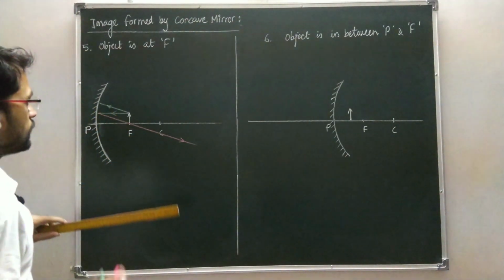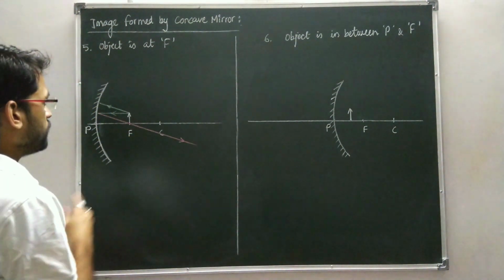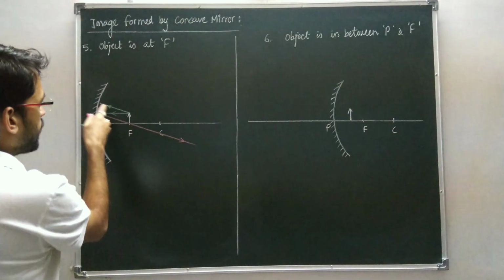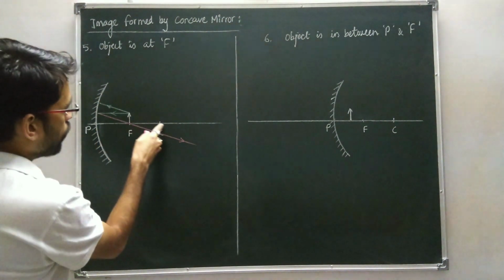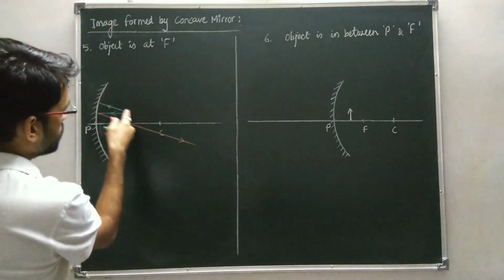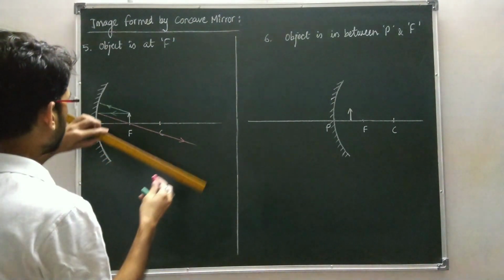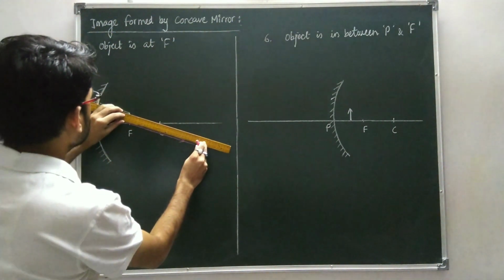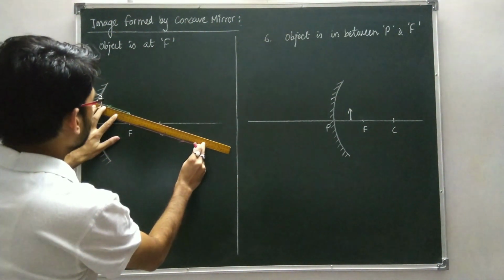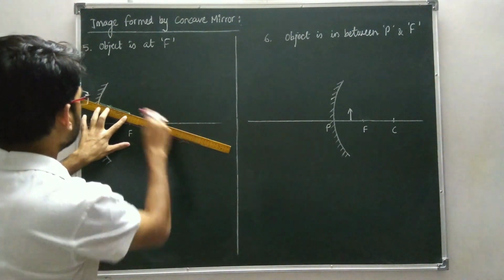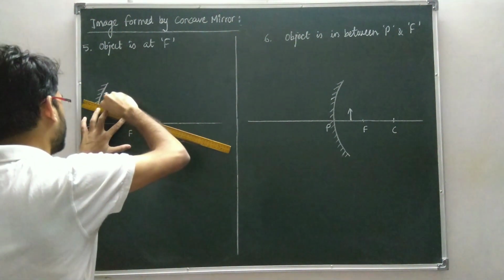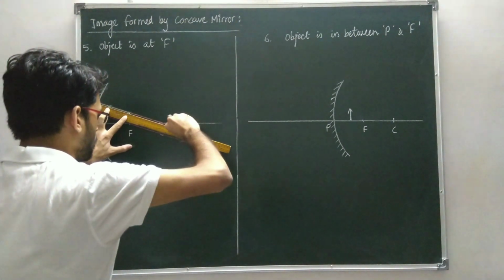Now the second reflected ray corresponding to the second incident ray, which is along the center of curvature, will retrace the path of the incident ray. That is, the reflected ray retraces the path.